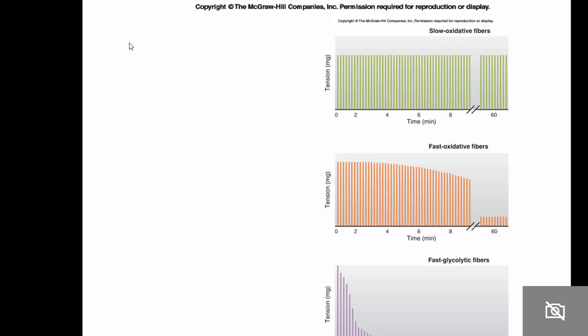In the slow oxidative muscle fibers, they can maintain this level for a long period of time. Okay? They can maintain. So if you're an endurance athlete, you're really calling upon these types of fibers.